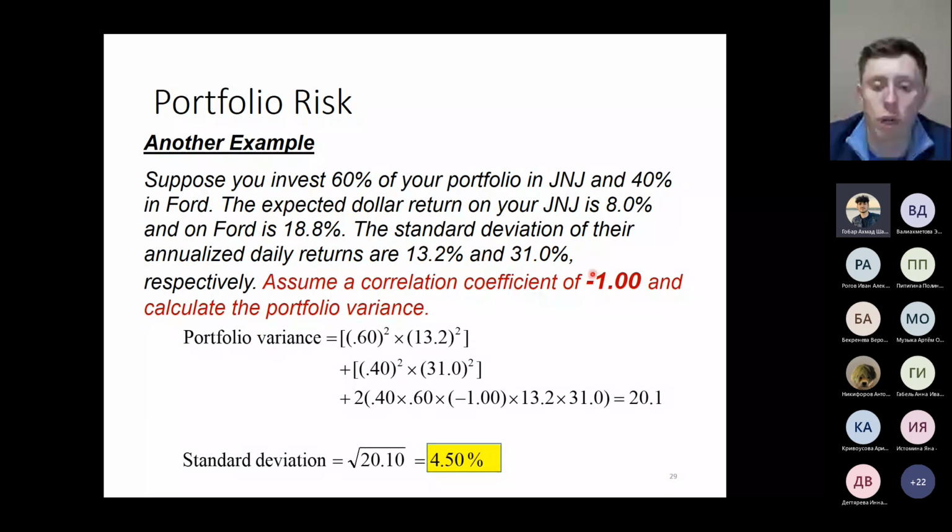Let's consider the other extreme case, if the correlation coefficient is equal to -1, so if there is a perfect negative correlation, one asset goes up and the other asset goes down with the same amplitude, then this formula would change from the square of the sum to the square of the difference, and in this case the standard deviation would be 4.5%.